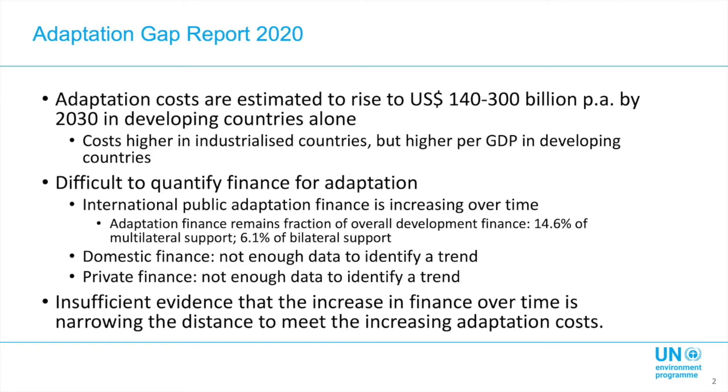One source, the Climate Policy Initiative, estimates adaptation finance at 30 billion per year by now, but that's only one estimate, and there are many hooks to estimating adaptation finance in general. So overall, we can conclude that there's insufficient evidence that the increase in finance over time is actually narrowing the distance to meet the increasing adaptation costs.